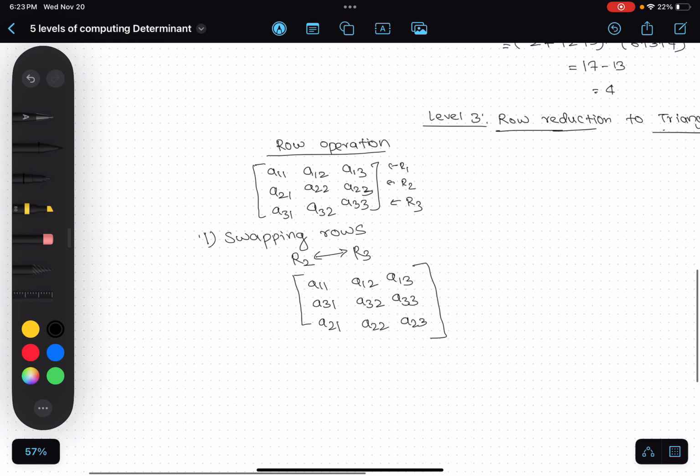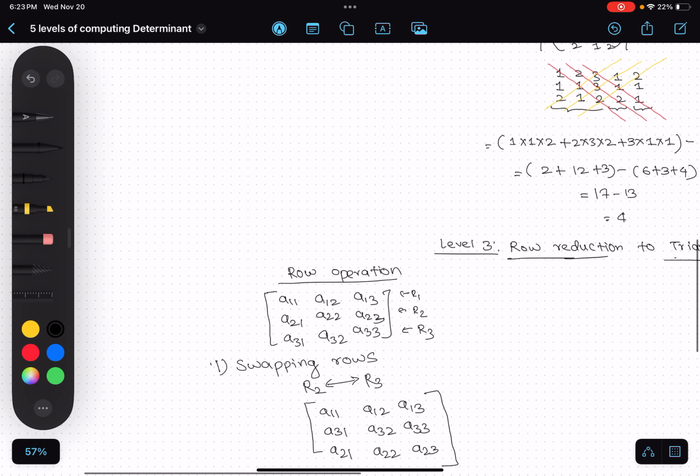Now the next row operation is scaling a row. There are just 3 row operations, so don't worry.